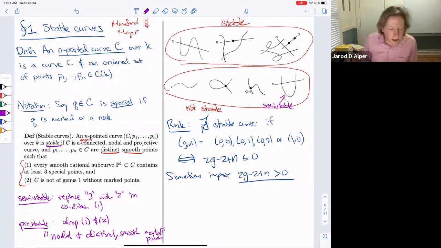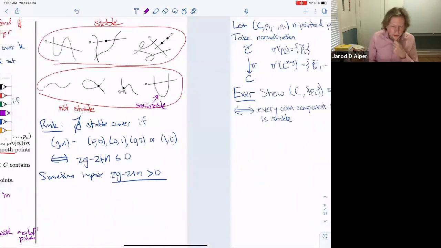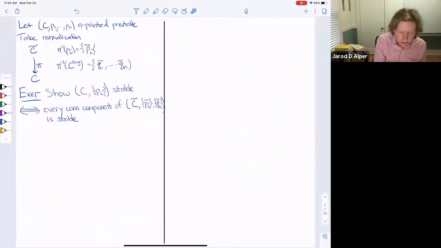Okay, so the first property I want to show is that being stable is well behaved with respect to the pointed normalization of the curve. So let's take C to be an n-pointed pre-stable curve over a field.